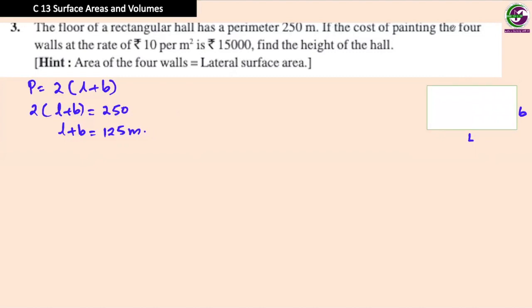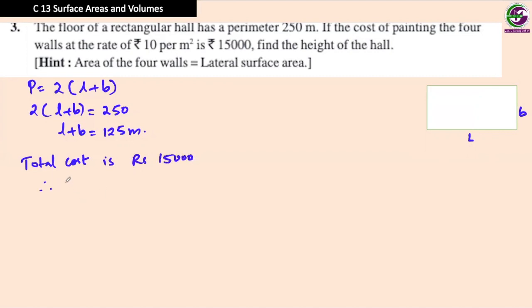If the cost of painting the 4 walls at the rate of 10 is 15,000 rupees. So for 1 meter, it is 10 rupees. So total cost is rupees 15,000.